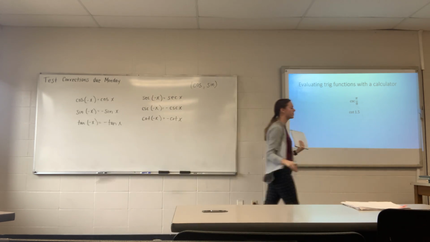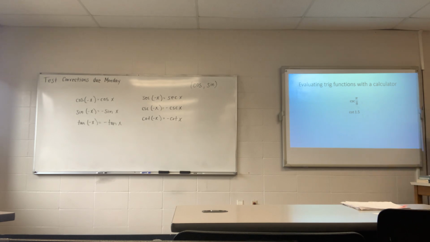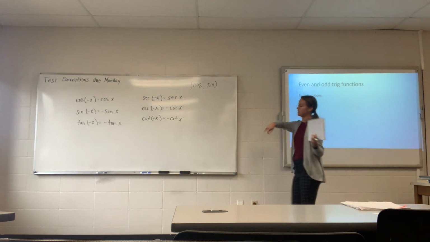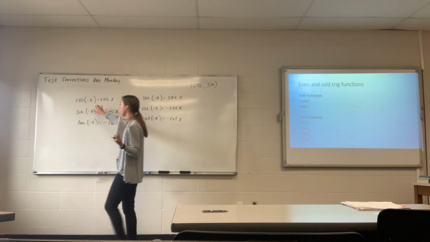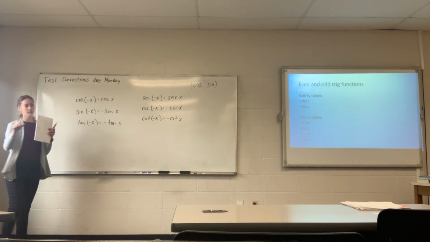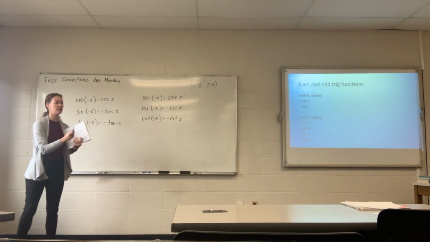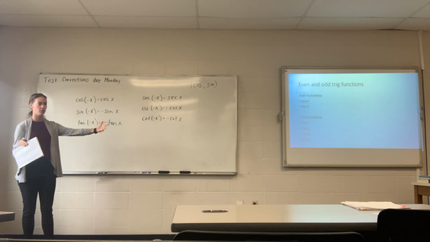I thought I had a slide with this typed out, but I obviously didn't. Going back to the even and odd stuff: even functions, so cosine and secant, if you plug a negative x in, it comes out to your original equation, because even means the same.